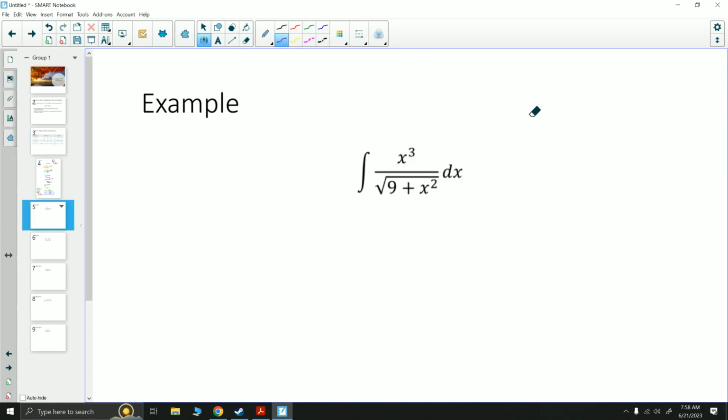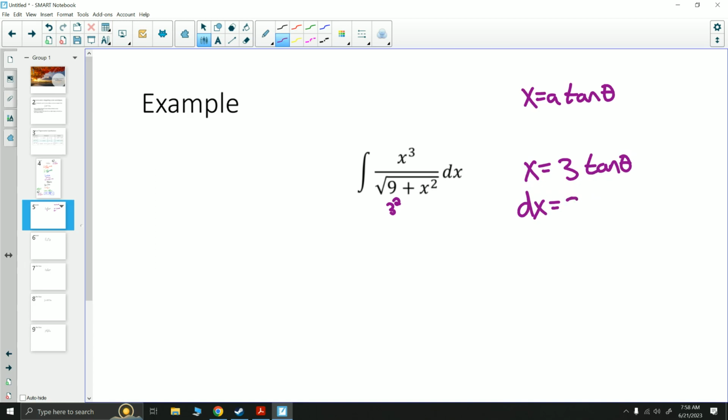Our a here would be 3, since 9 is 3 squared. That's our a. So x is 3 tangent theta. That means that dx is going to be, the derivative of tangent is secant squared, so we have 3 secant squared theta d theta.